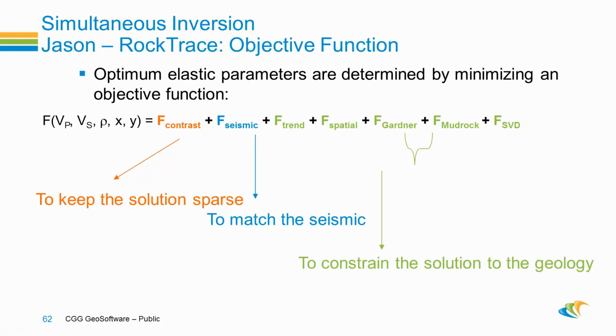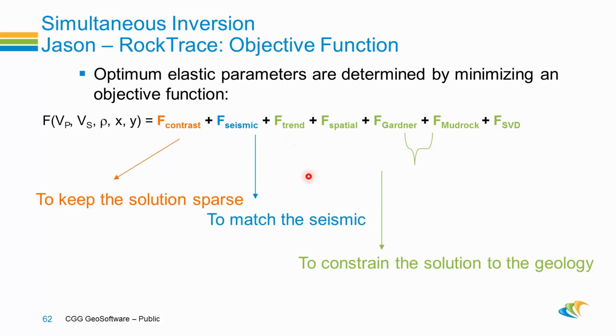The objective function in Jason uses sparse spike inversion, and it's a function of the contrast again for different properties, the seismic signal to noise ratio, and also the seismic to synthetic match.